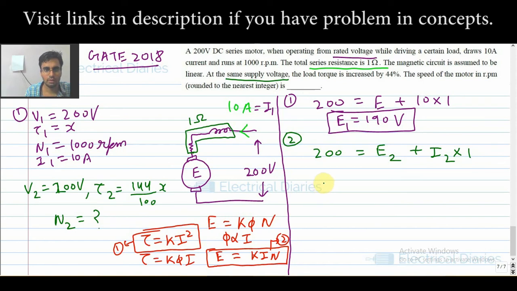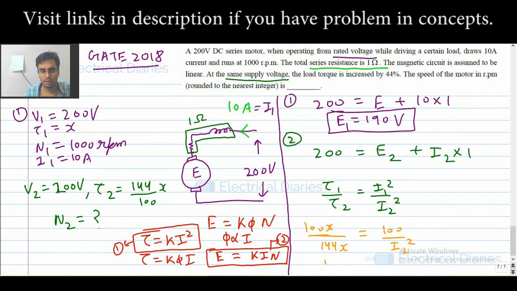Tau 1 is x, so I can use this equation: tau 1 by tau 2 is equal to I1 square by I2 square. Putting the values, tau 1 is x and tau 2 is 144 x by 100, equal to I1 square, which is 100, over I2 square.